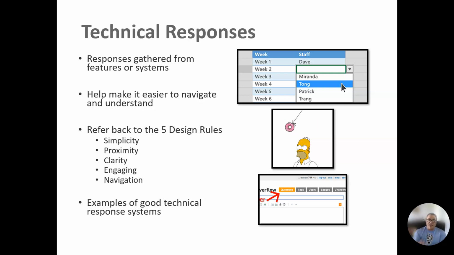Not only that, we have engagement. It's got to be engaging. It has fun things to do to keep it involved and keep you coming back. And then navigation. It's got to make sense to navigate back and forth. Some good examples are drop-down menus, graphic image frames, and highlighted options to really help people understand and use visuals and systems from a digital aspect.